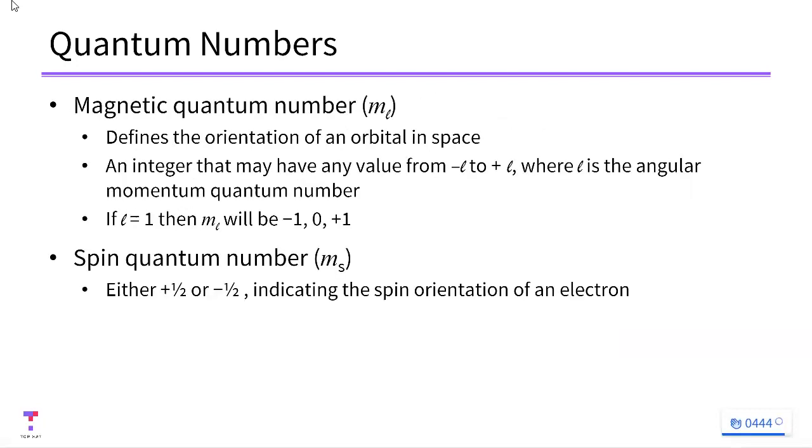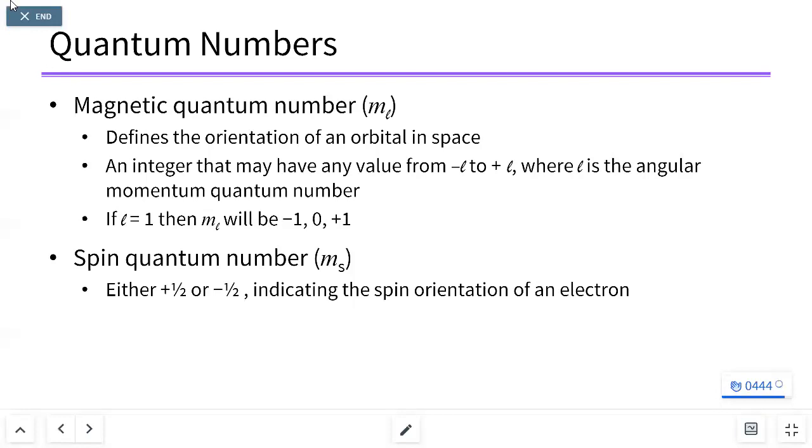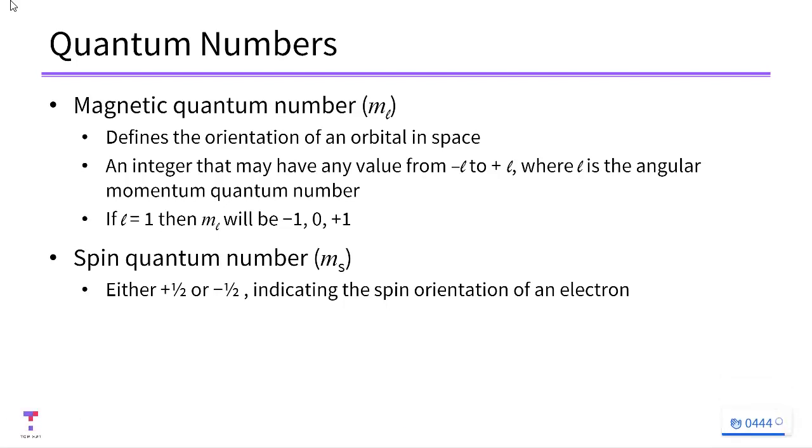From shape, we shrunk it down now to the magnetic quantum number. The magnetic quantum number gave us a specific orbital. So in the magnetic quantum number, we were able to say there are this many orbitals inside of a subshell.